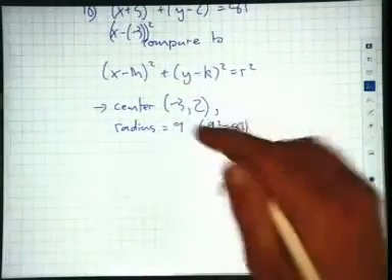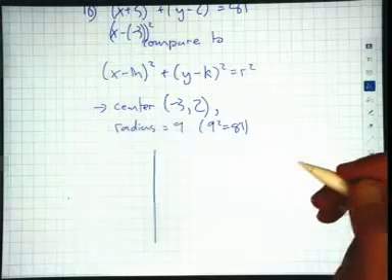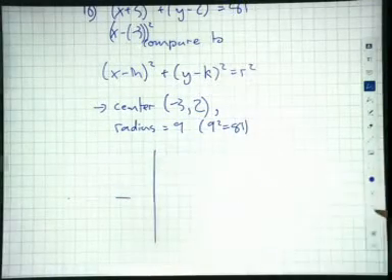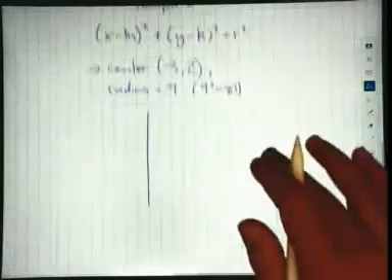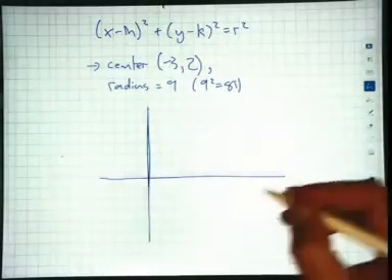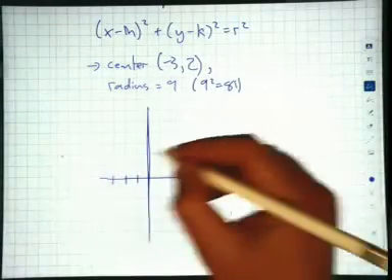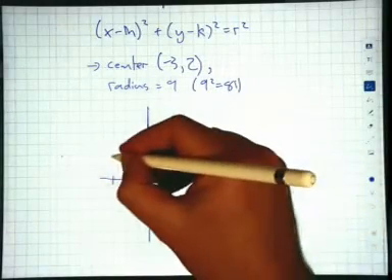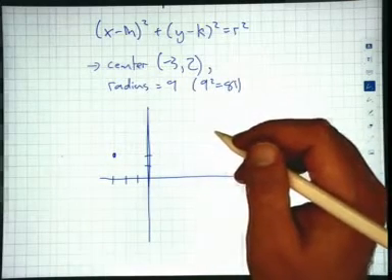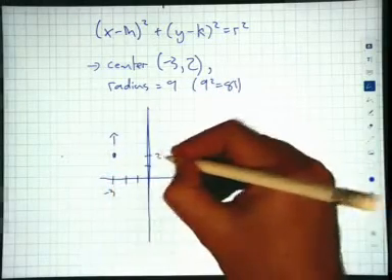It tells us to graph. So I'll try to make this a better graph. So here we have negative 3, 2.